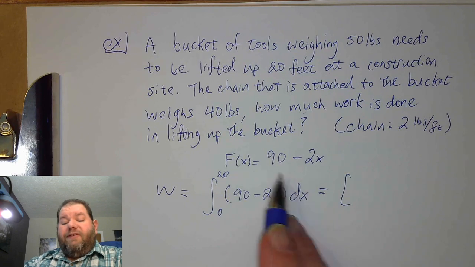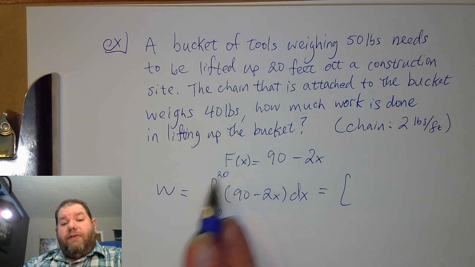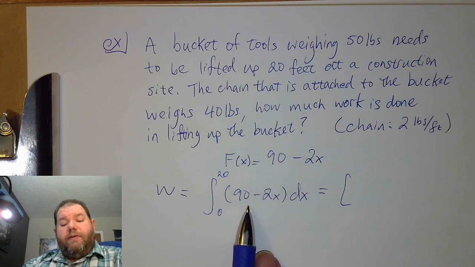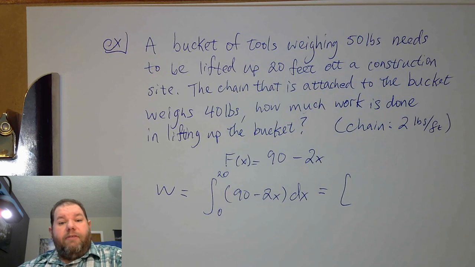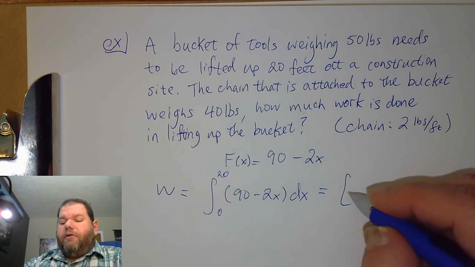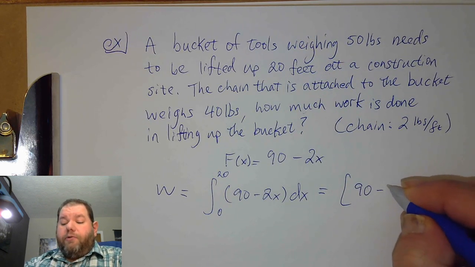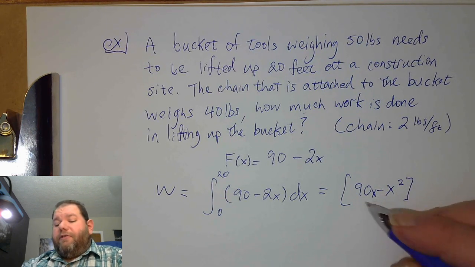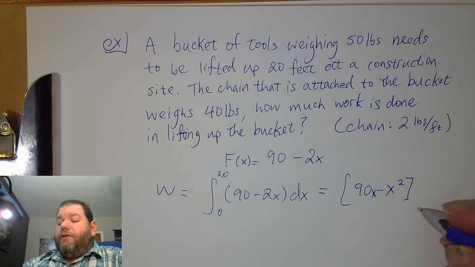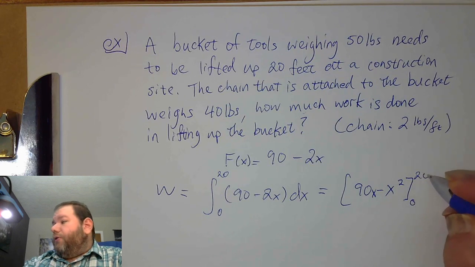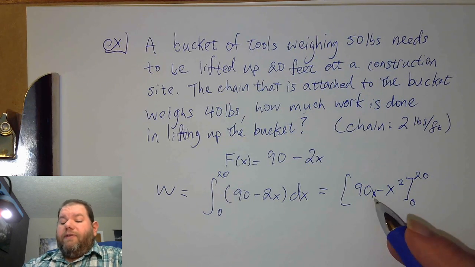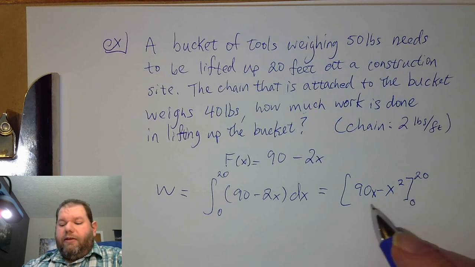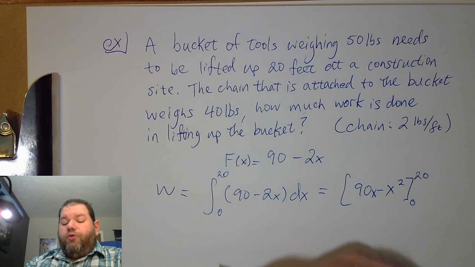Now, this is the main part of the problem right here, is getting this thing set up. Because once we have this, these problems tend to be pretty easy to work with from there. The integration is very straightforward. I left out the x, so yeah. So 90x minus x squared. And then from 0 to 20, again, the 0 is not going to give us anything in either one of these terms, but 20 will.